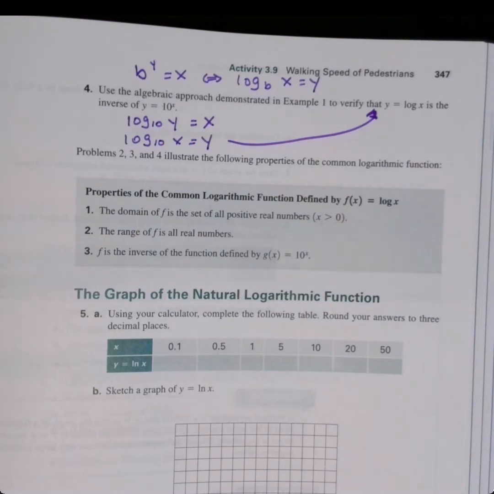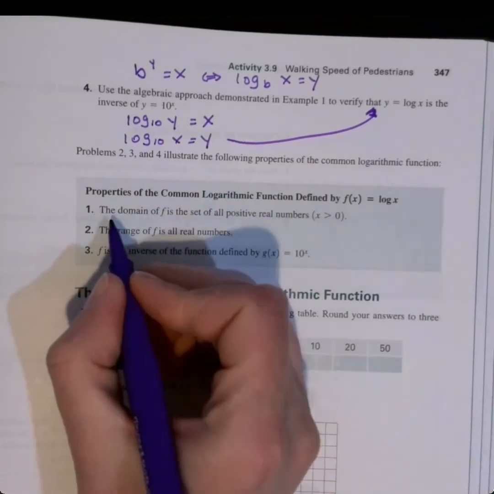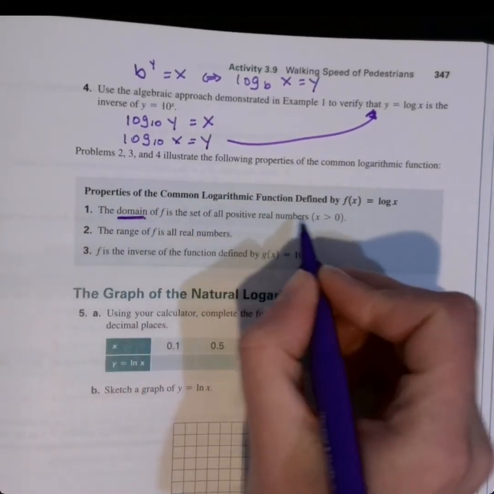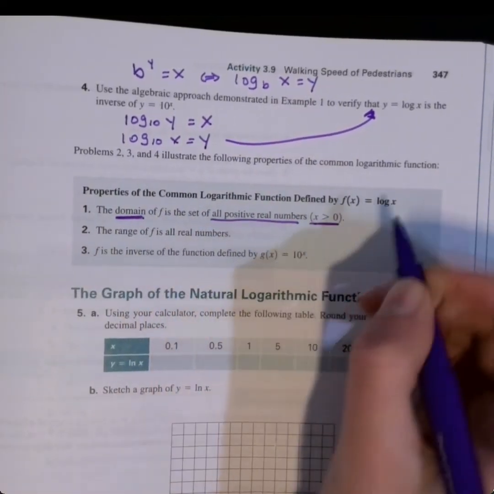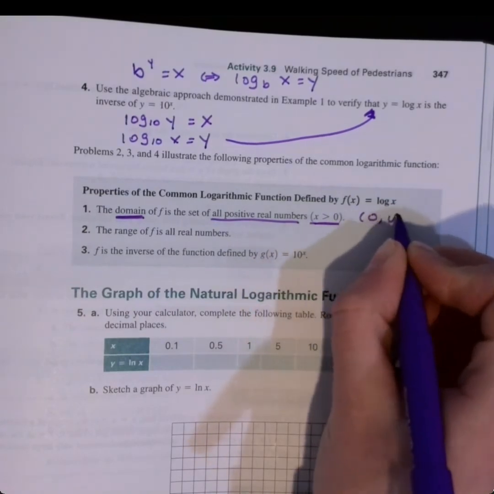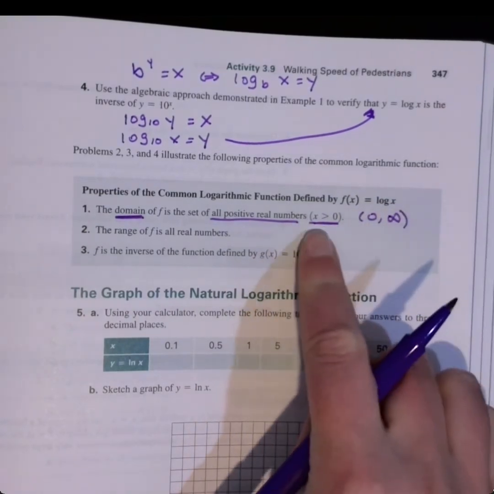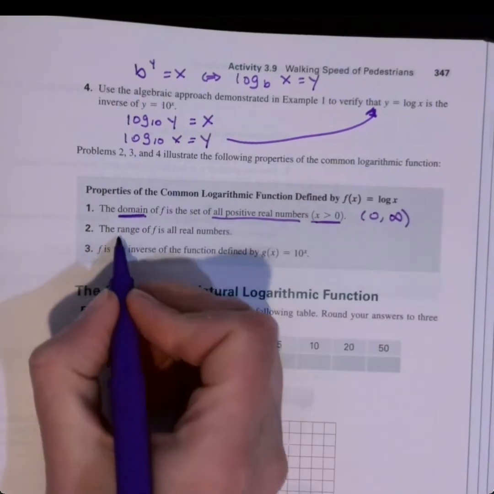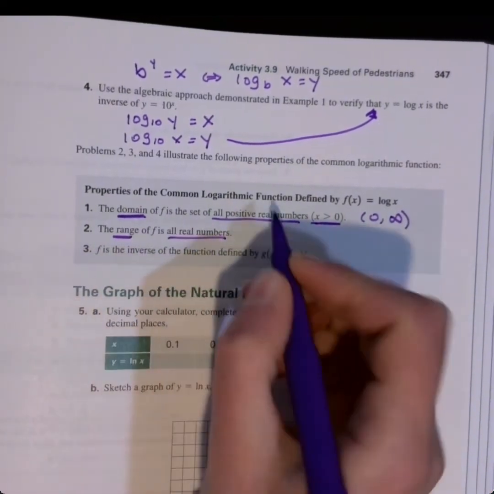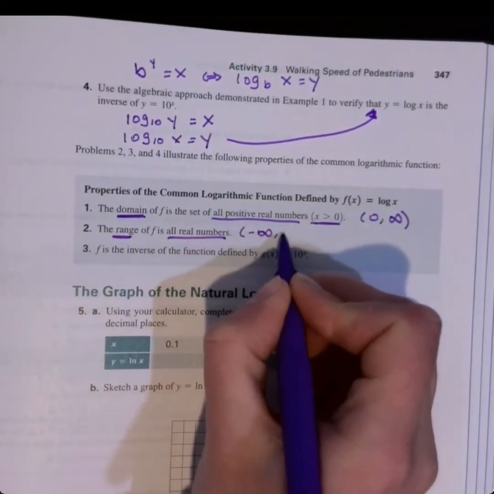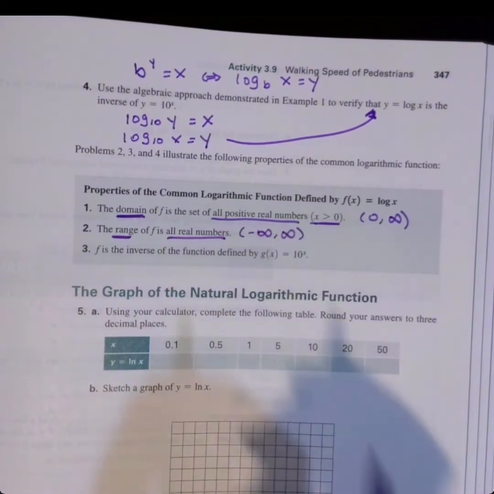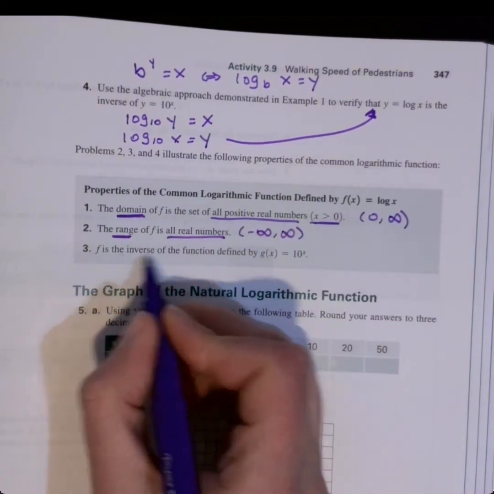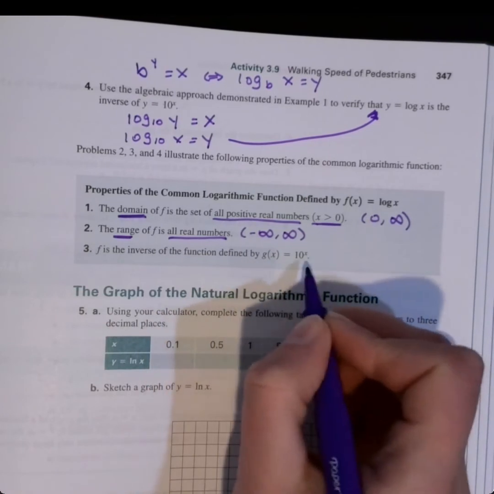Okay. Common properties of logarithmic functions. So first of all, the domain is all positive real numbers, or x greater than 0, or 0 to infinity, however you prefer to phrase this in inequality or interval notation. The range is all real numbers. So again, you can phrase that in interval notation if you prefer. And then the inverse is defined by 10 to the x, now if it's log of x.